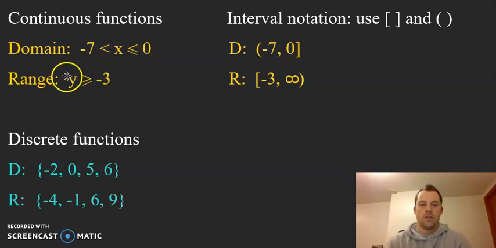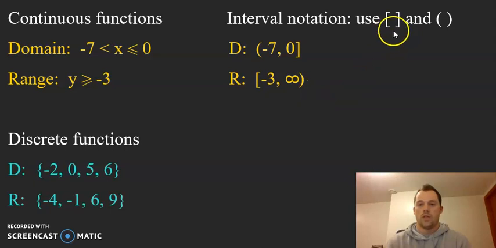For range, this example shows that y is greater than or equal to -3. So basically it's anywhere from -3 to positive infinity. Often, as you get further into your math courses, especially into pre-calculus, calculus, and a lot of your higher level courses, you're mostly only going to see domain and range written in interval notation.